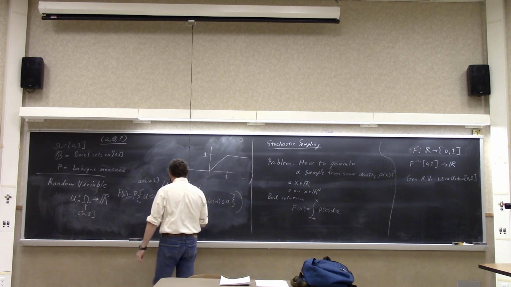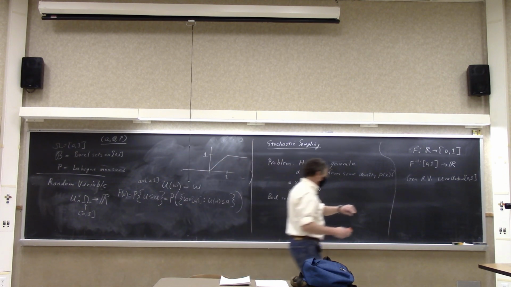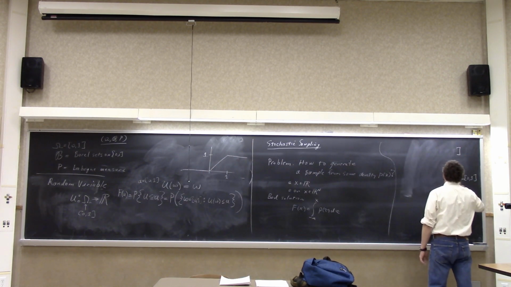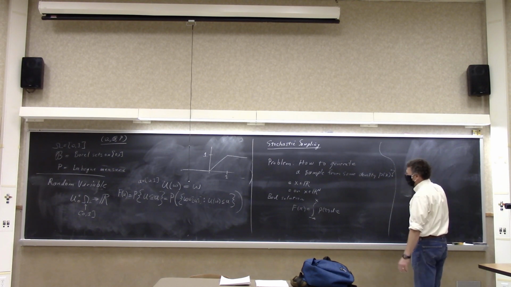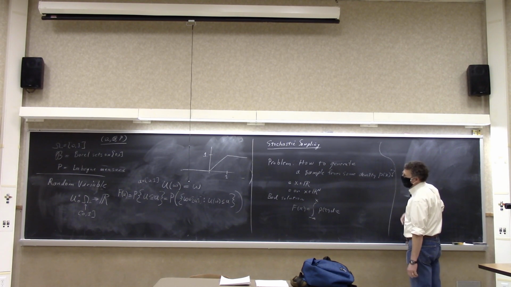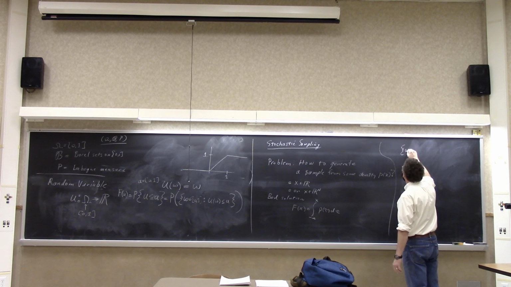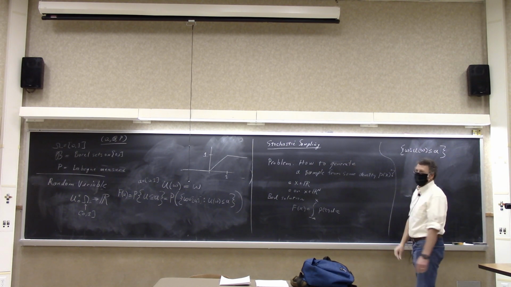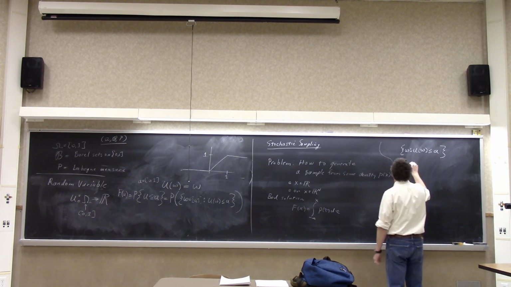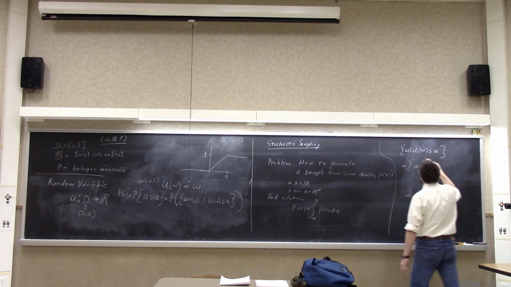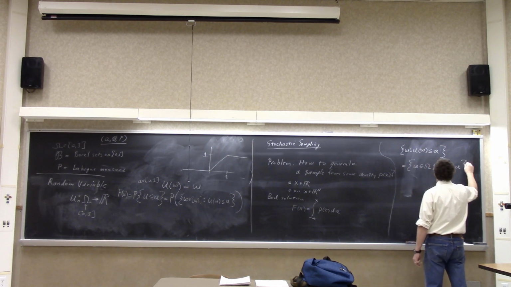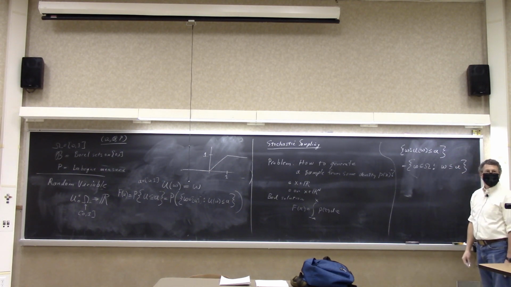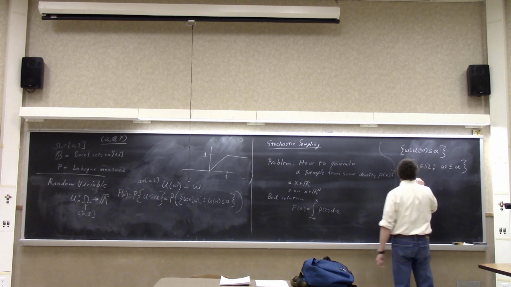Well, let's just take this set. I feel like things are shot anyway, so I may as well use the rest of the board. The set of omega such that u of omega is less than or equal to a, that's equal to the set of omega such that omega is less than or equal to a, right? So what is that?